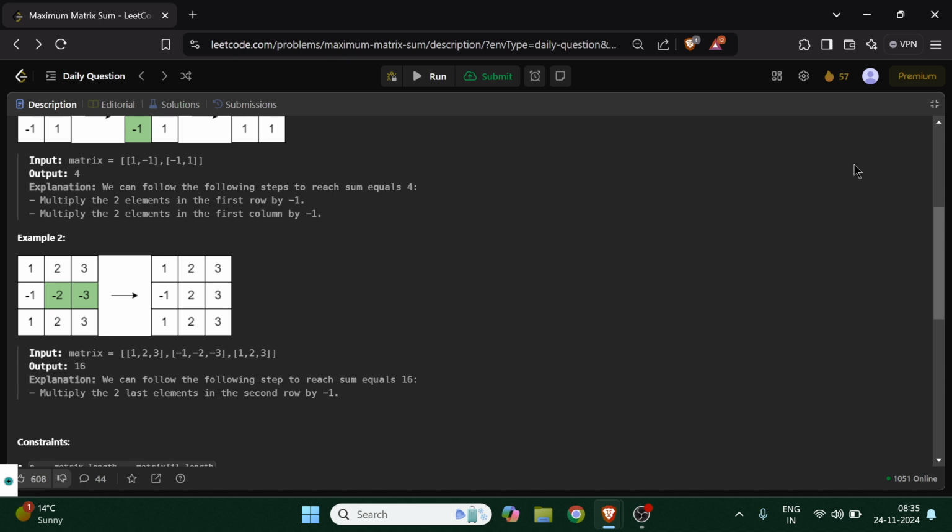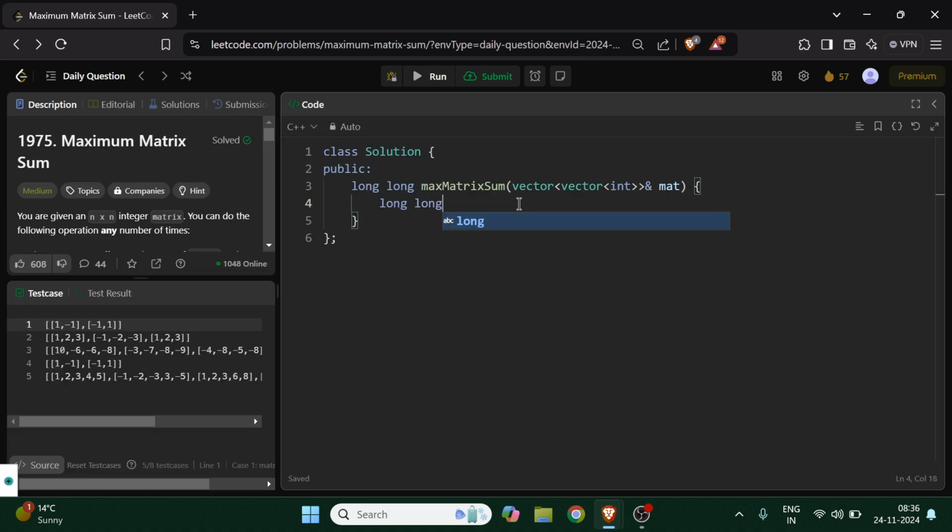So this was the observation. Now let's try to code this up. I've created an answer variable for returning the answer. Let's create a variable named mini for holding the minimum value, and let's initialize it with the maximum value for now. Let's create a variable neg count to store the negative count. Initially we will add all the values. Let's loop through this matrix first.